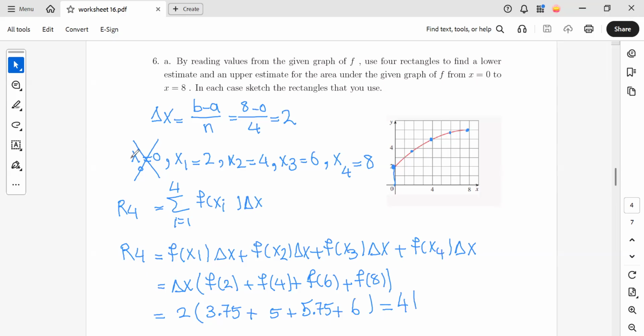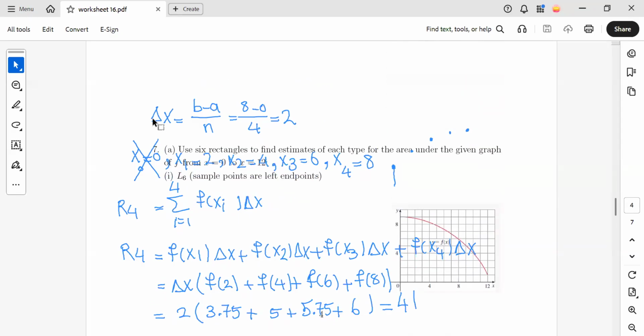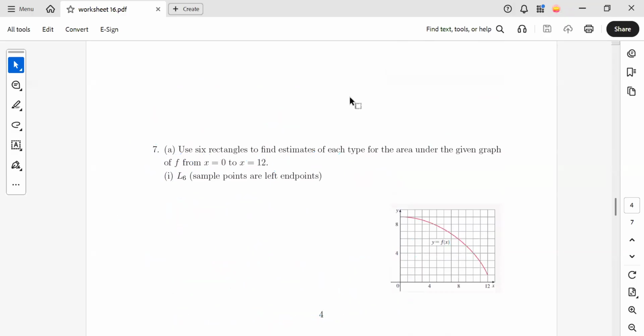Okay, let's move on to number 7. This is number 7. We are going to use 6 rectangles to find the estimate of each type of the area under this graph, which is a decreasing graph, which is kind of different, from 0 to 12.